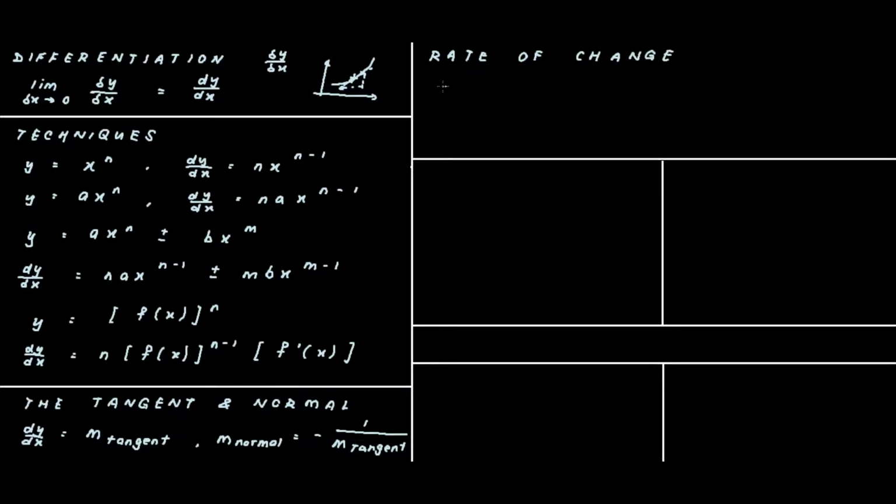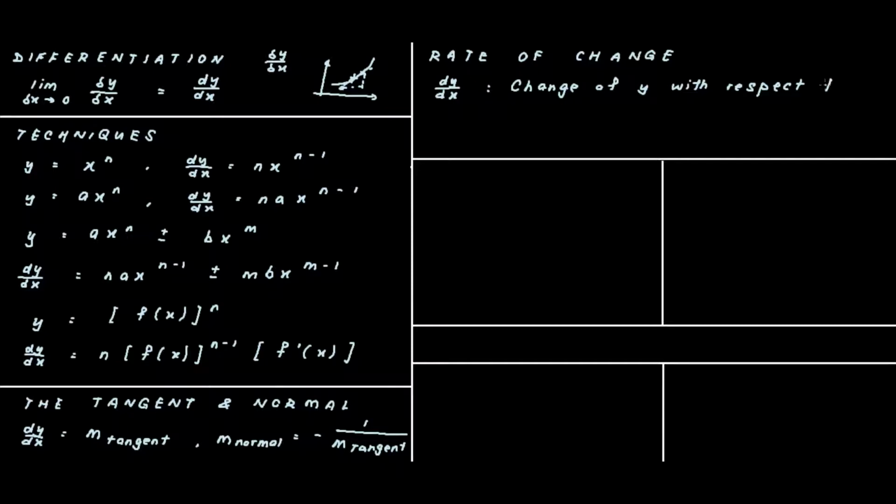Okay, so for example, when we say dy dx, it actually means the change of y with respect to x. For example, if dy dx equals 2, we know that y is increasing 2 units when x increases 1 unit.